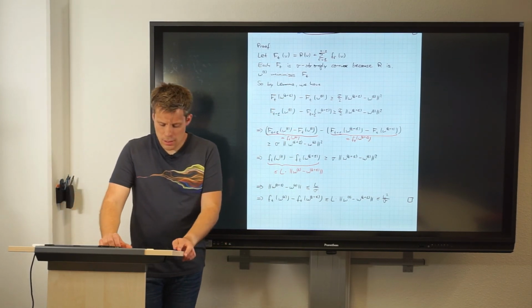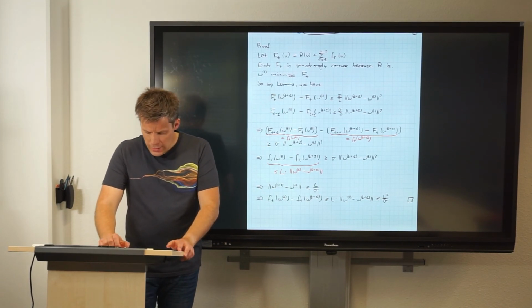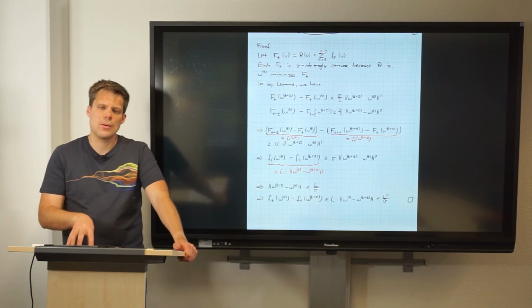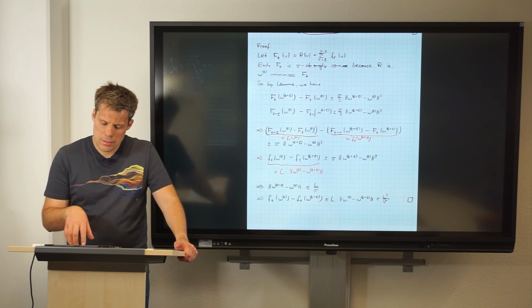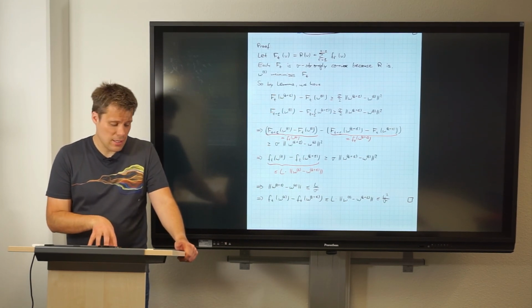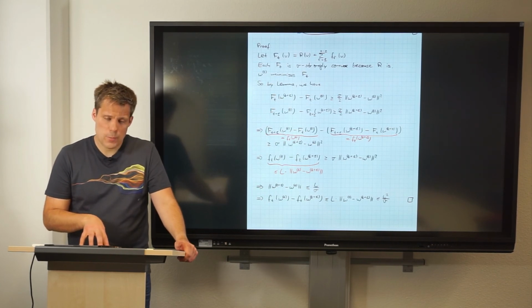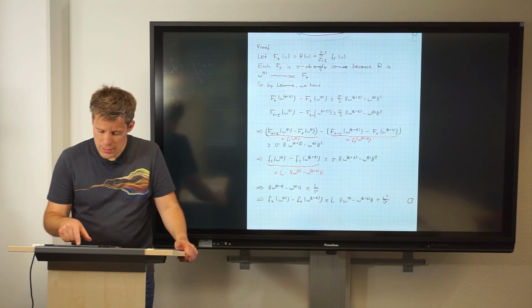Good. Now, let's see where we stand, and let's talk about entropic regularization again, because I think this is fantastic to see. Namely, what is the bound that we're getting from this theorem?